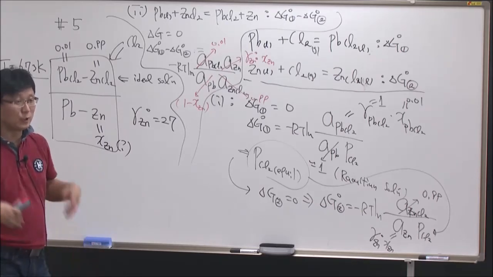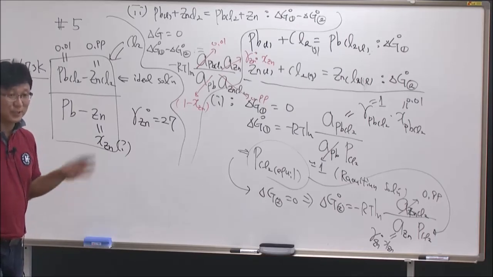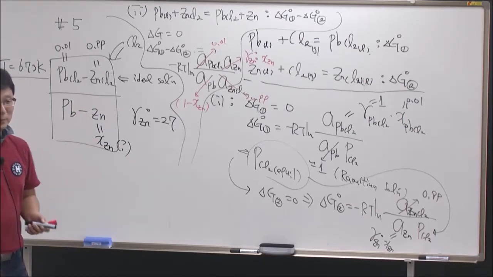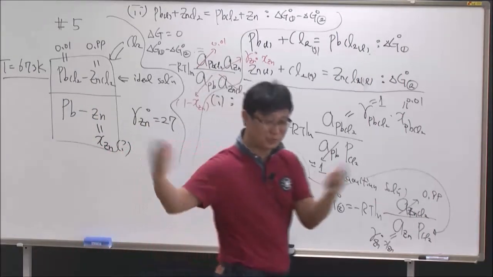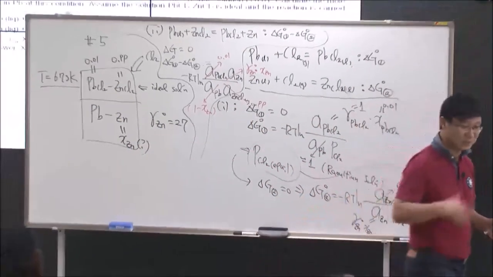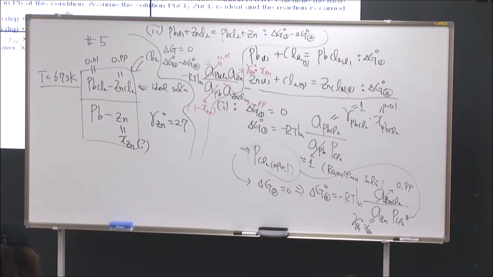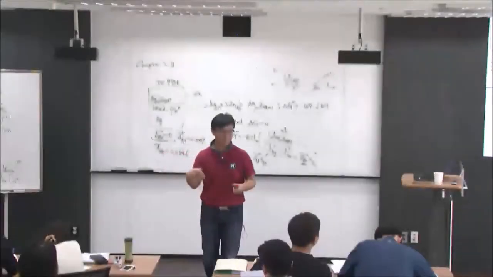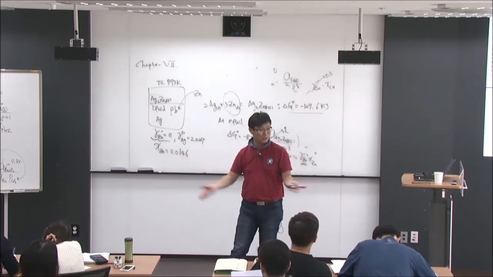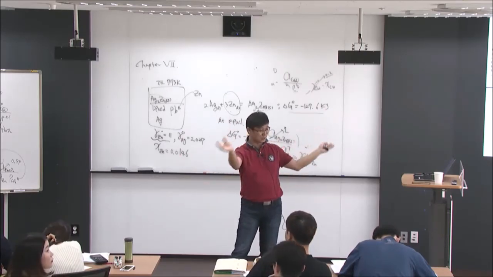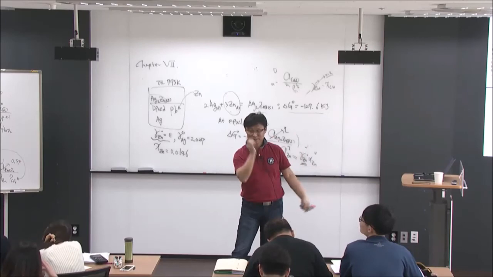So eventually, if you learn all this activity concept, what you have done in midterm number 1 is part of this one. Yeah? In some cases we assume the activity equal to 1. In some cases we assume that this is part of the solution. So all this activity concept encompasses what you have learned before midterm number 1.